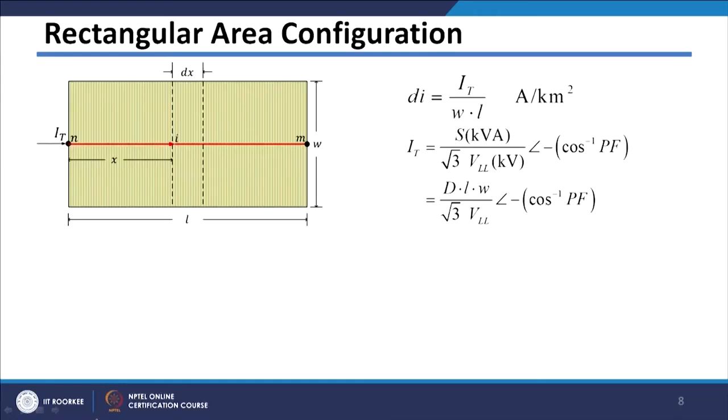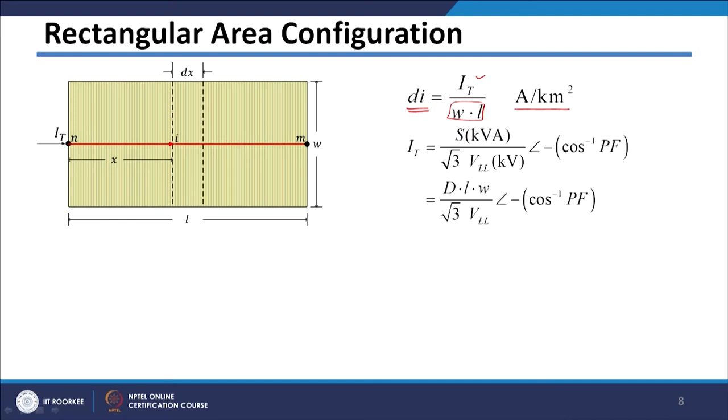So, we can easily write DI will be equal to IT divided by the area served, which will give me the current density supplied in that particular area, which will be in ampere per kilometer square, where IT can be calculated based on your load served.